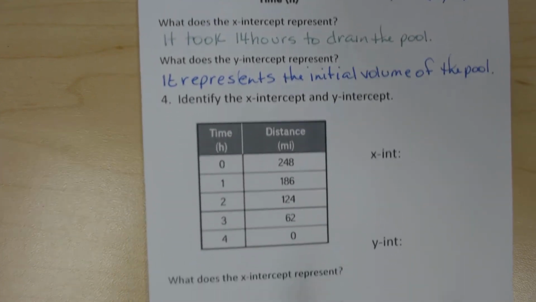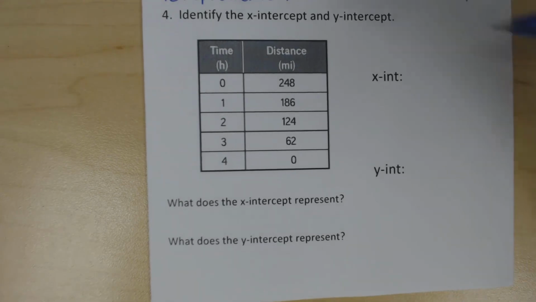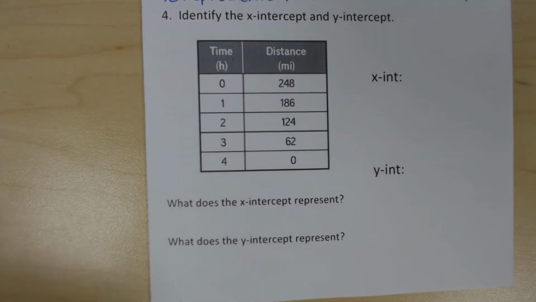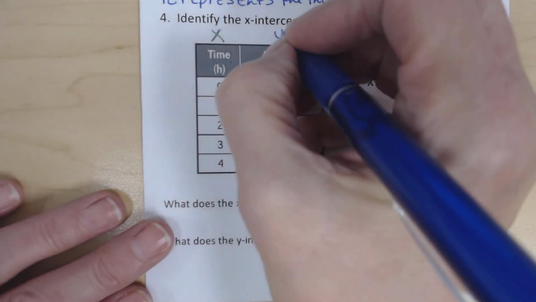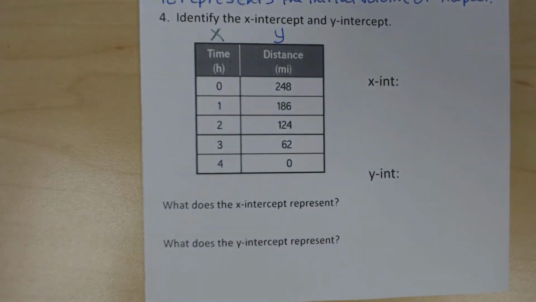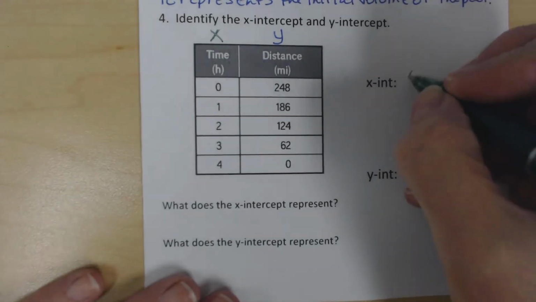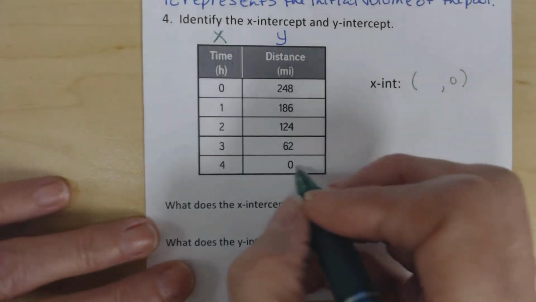Okay, problem number 4, they give us a table of values. This time is our x, so let's go ahead and label that x. This is our x, this is our y. We need to identify our x-intercept and our y-intercept. Our x-intercept is when y is equal to 0. So we go down here.